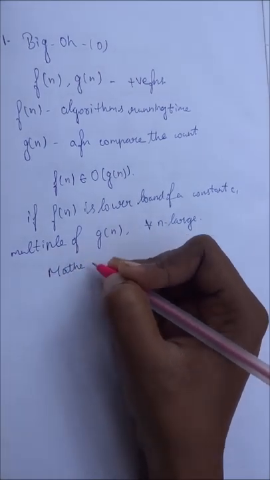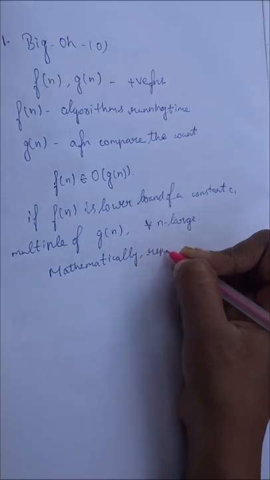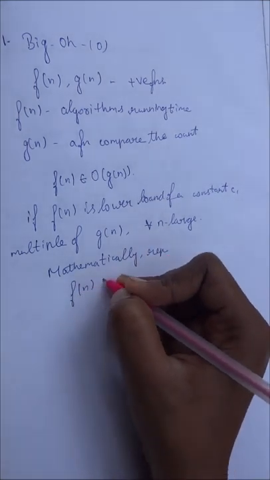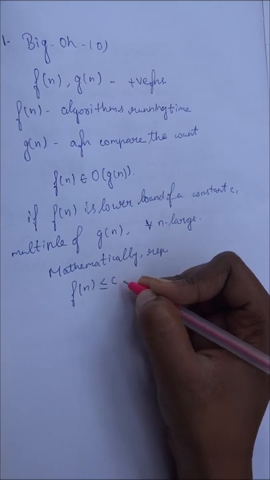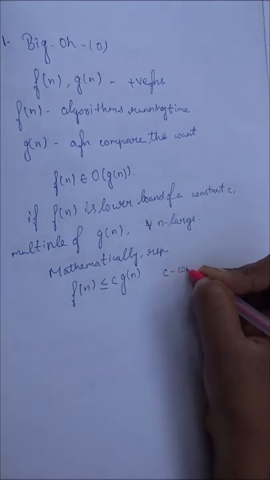Mathematically, we represent this as f of n is less than or equal to c into g of n, where c is a constant.